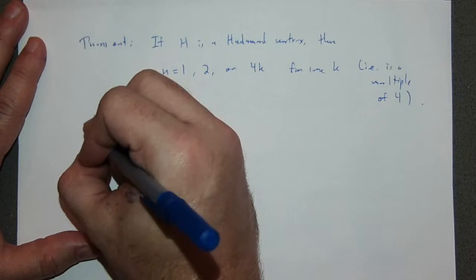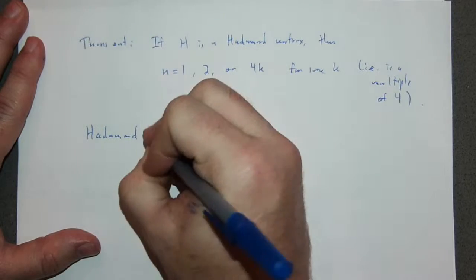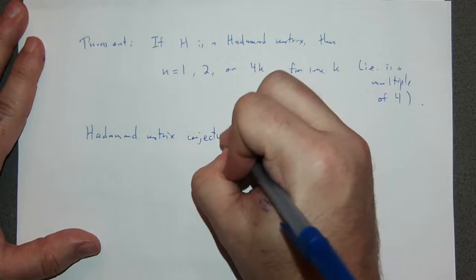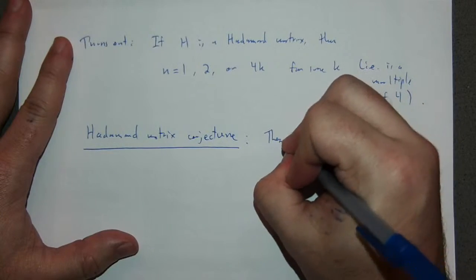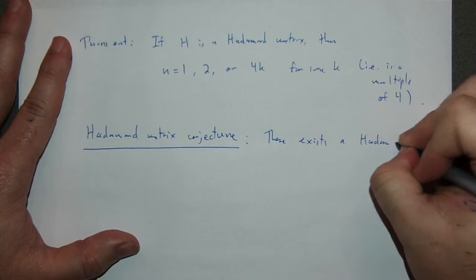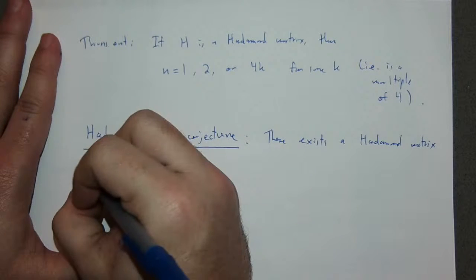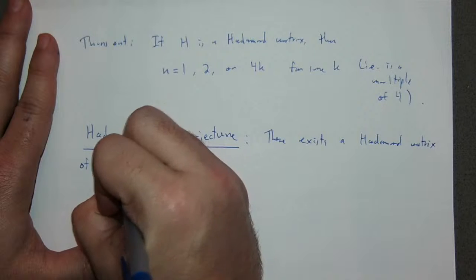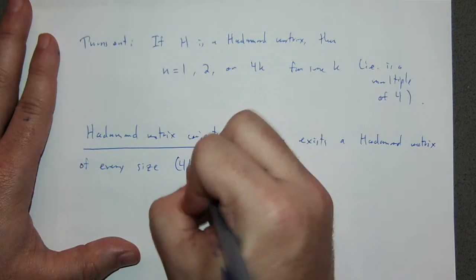The Hadamard matrix conjecture is that there exists a Hadamard matrix of every size 4k by 4k.